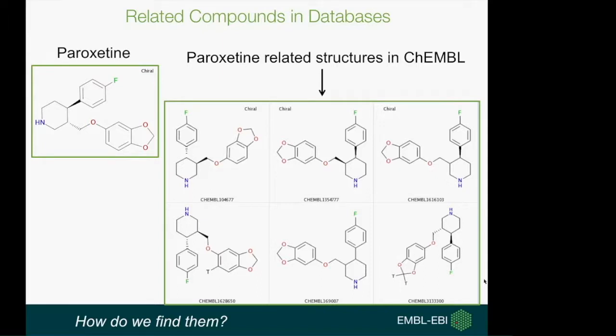It could be that somebody's genuinely tried to look at the different enantiomers and different isotopes and measured data on those. It could be that a mistake's been made, but for whatever reason, it's potentially useful to have the ability to find these related molecules to the molecule that you're perhaps interested in.